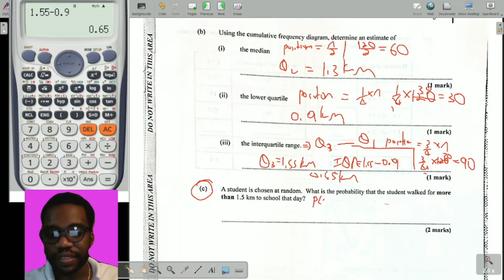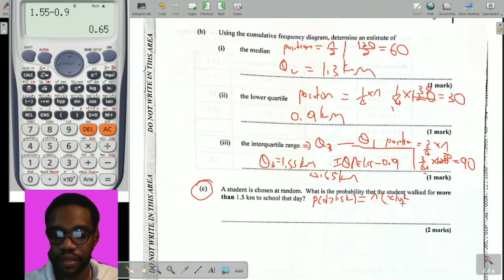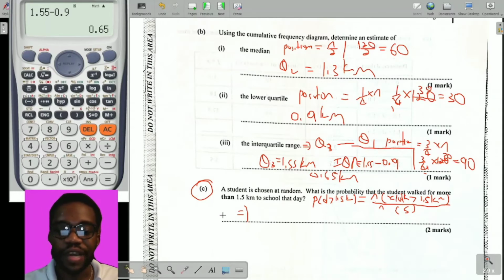The probability that the distance is greater than 1.5 kilometers will simply be equal to the number of persons who walk more than 1.5 kilometers over the number of persons in the sample space. Now, in maths, the sample space refers to the total amount of persons that we have. So let's go back and find out how many persons walk more than 1.5 kilometers.